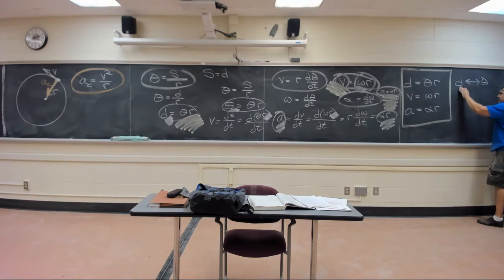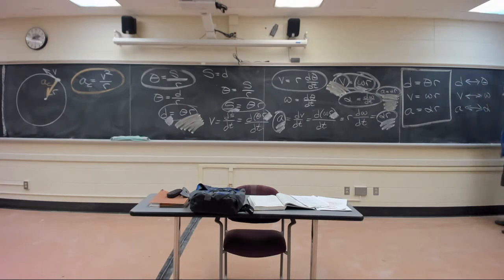This is the translational realm. This is the angular realm. D and theta are analogous to each other. Distance, angle. Displacement, angular displacement. Translational velocity, angular velocity. Translational acceleration, angular acceleration.